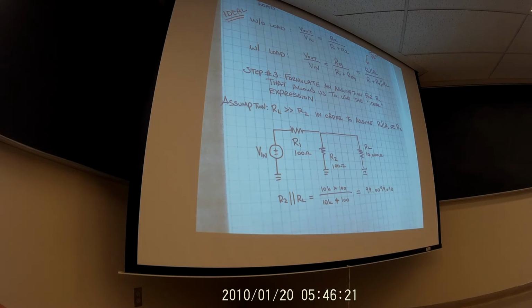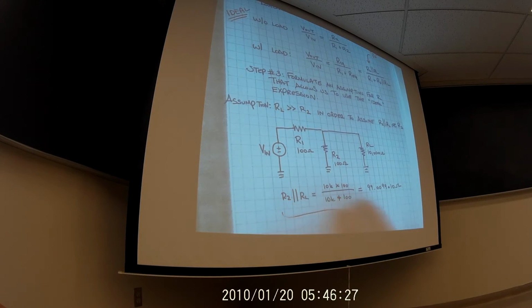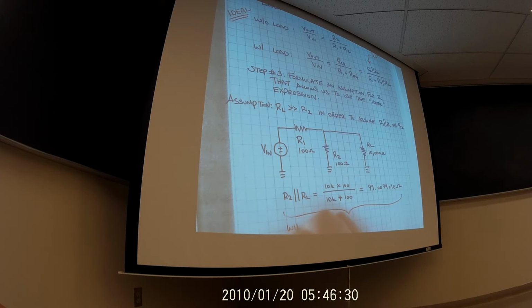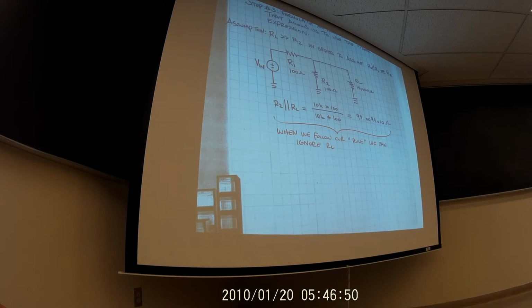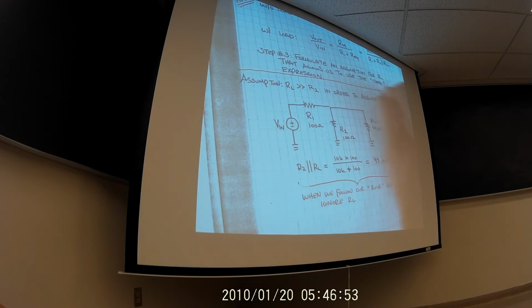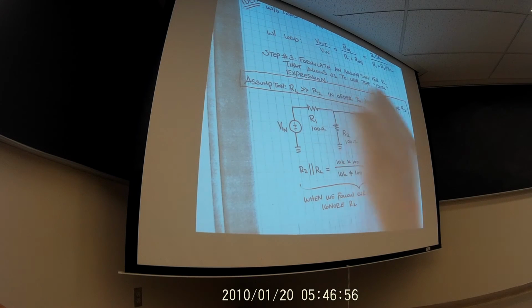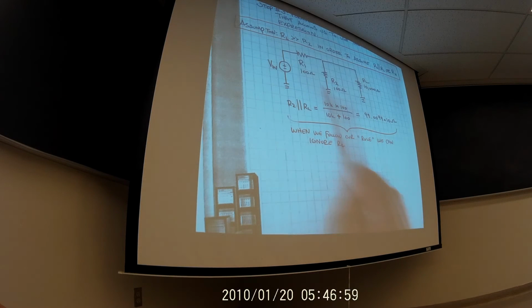Okay, and so you can see here that when we follow our rule, which is right here, we can see that the parallel combo of these guys is approximately equal to R2.